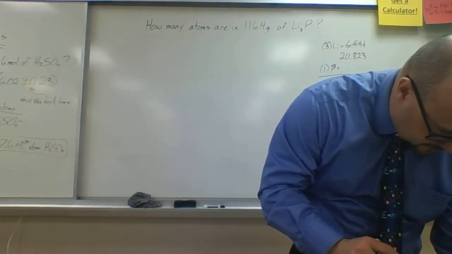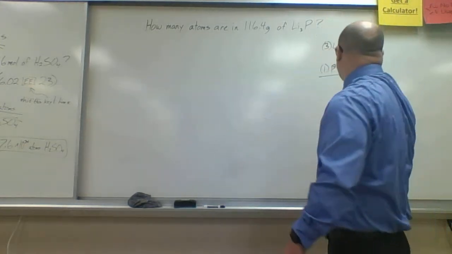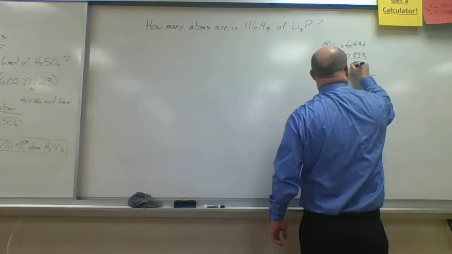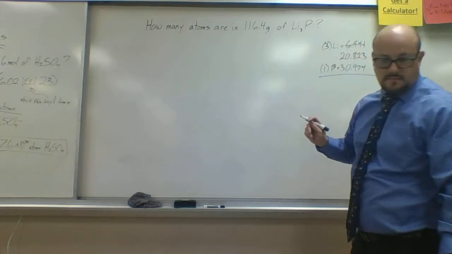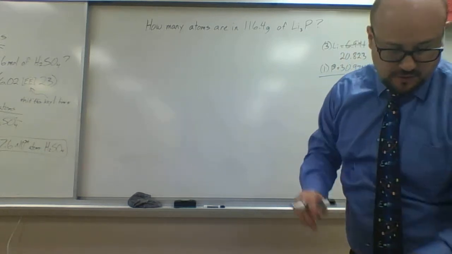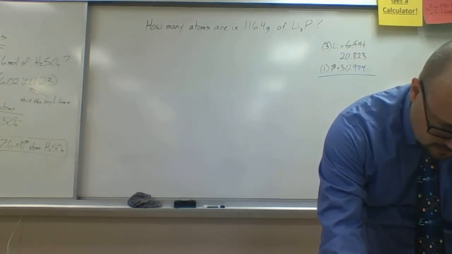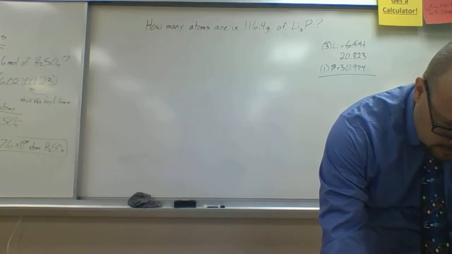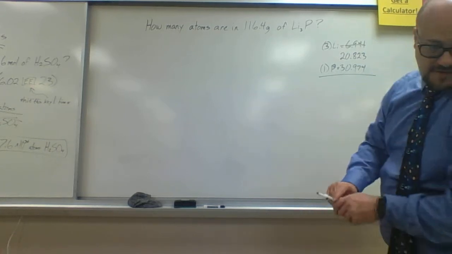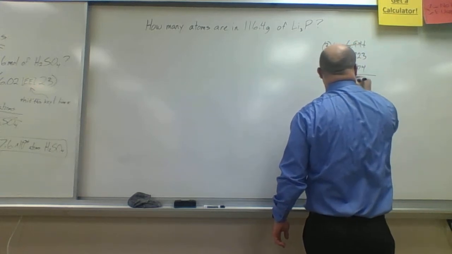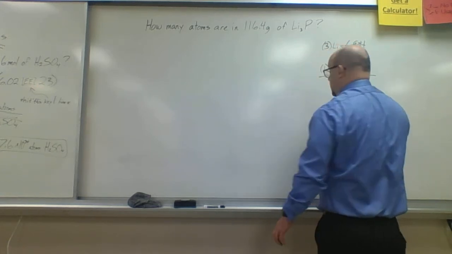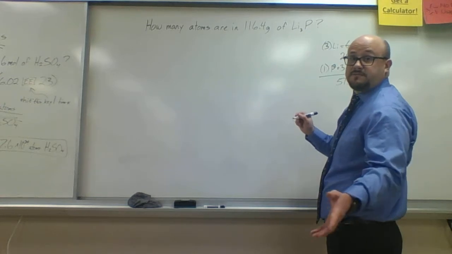Phosphorus is 30.974. Now, we're going to add these 2 up. That is 51.797. And remember our units, it's grams per mole.